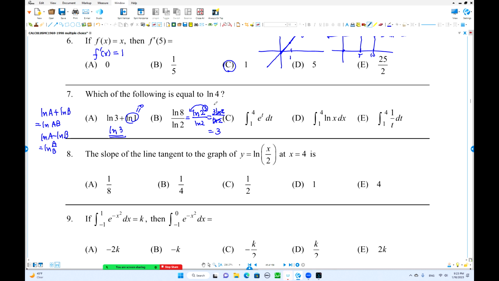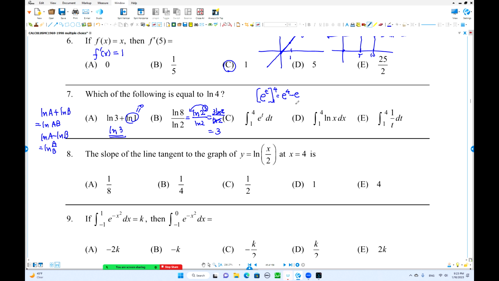For e to the t, the antiderivative is still e to the t. We take the integral from 1 to 4. This is e to the 4 minus e to the 1, which is not e to the 3. So e to the 4 minus e, that is not ln 4 there.